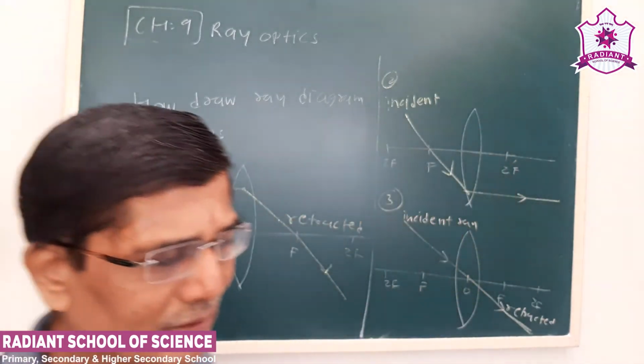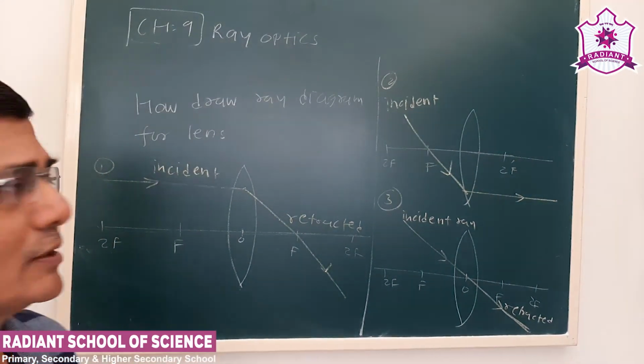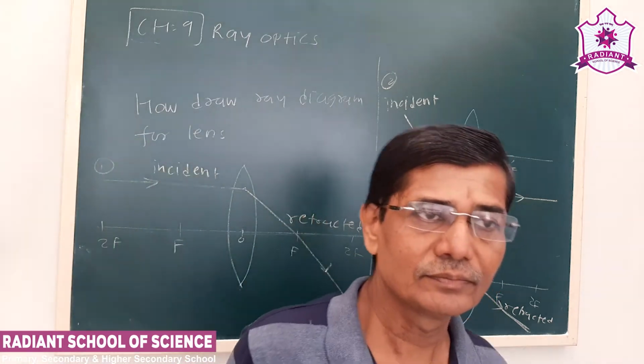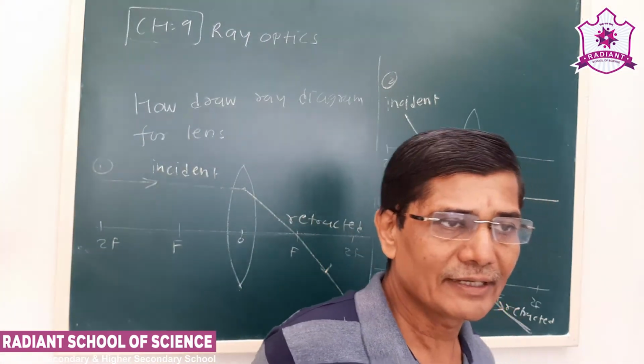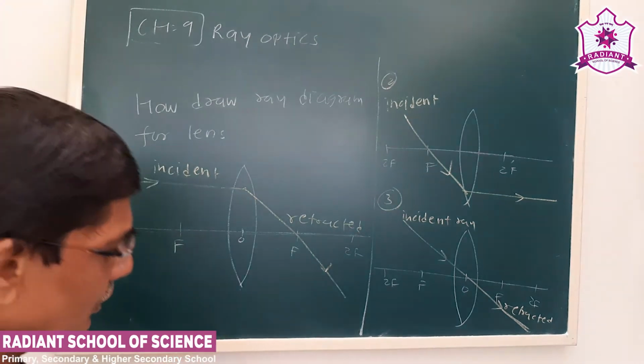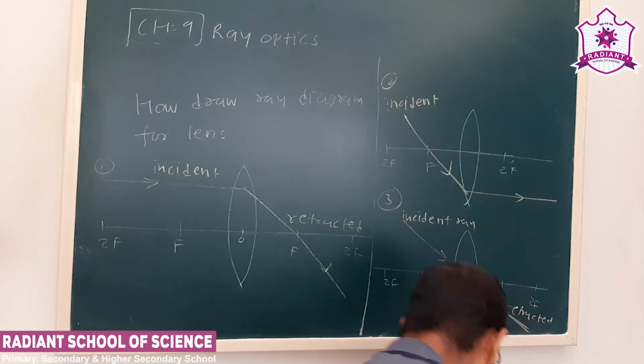What is the meaning of this? The path will not change. By using these three basic conventions, we can draw the ray diagram for the convex lens as well as the concave lens.